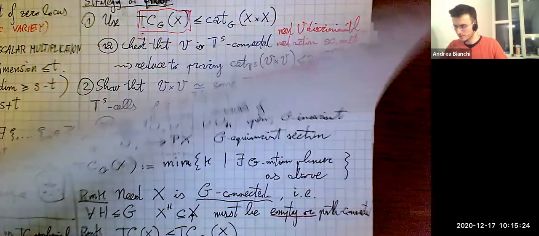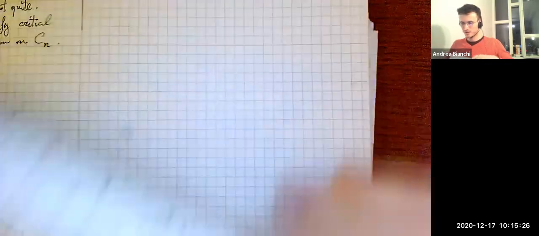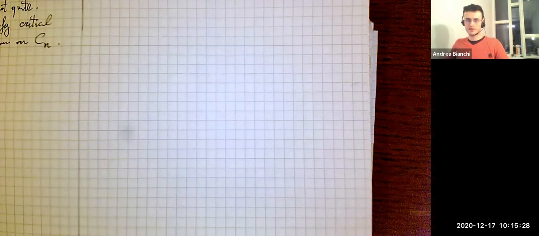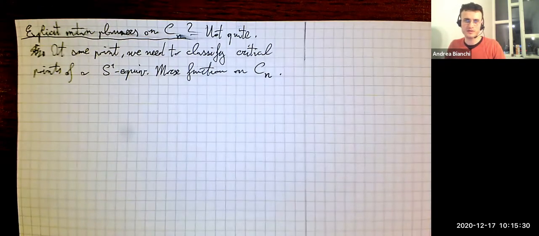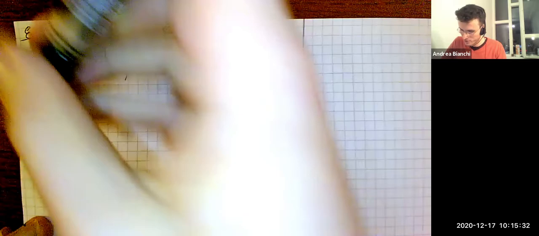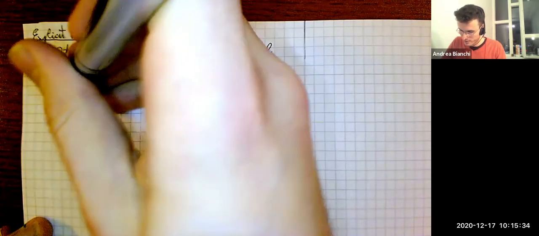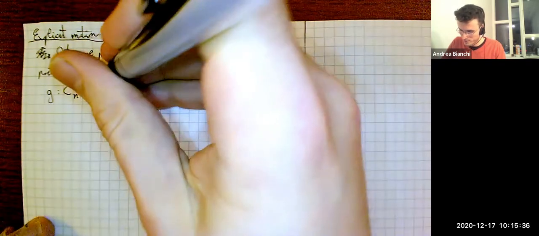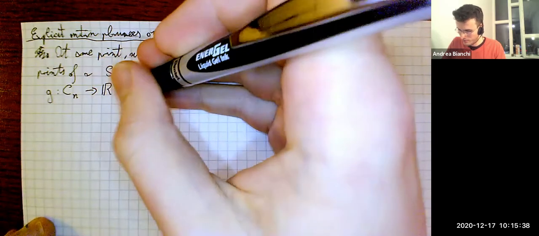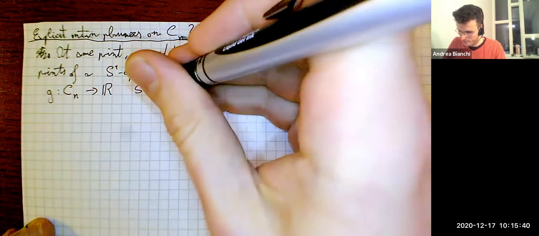So let me skip these details, and let's agree that we have to face a problem of the following form. There is g from Cn to R, which is S1 invariant.